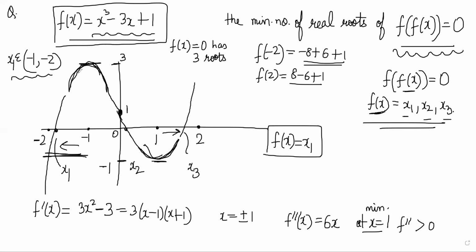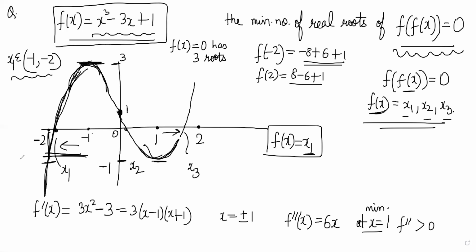If you look from this side, it is strictly increasing, right? Yes. It reaches a maxima here, but the function is strictly increasing in this range. So if it has to become equal to x1, which is a value between -1 and -2, it can only cut that level once, right? Right.